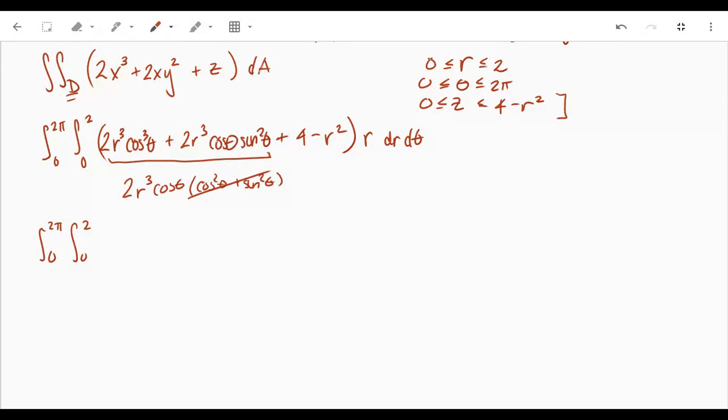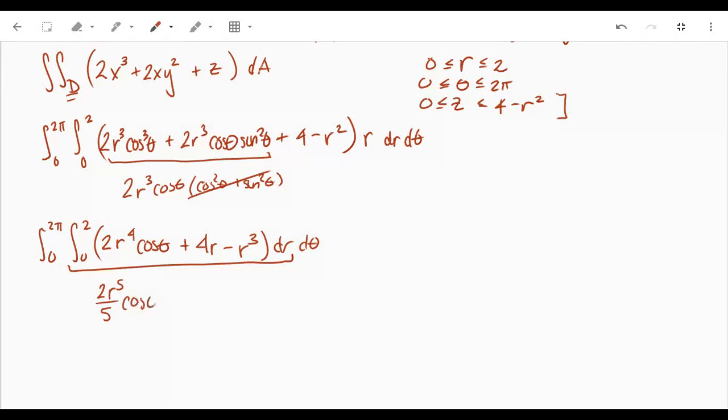So 2r to the 4th cosine theta plus 4r minus r cubed dr d theta. Okay, do this integral. So I'm going to have 2r to the 5th over 5 cosine theta plus 4r squared over 2 minus r to the 4th over 4, evaluated from r equals 0 to 2.